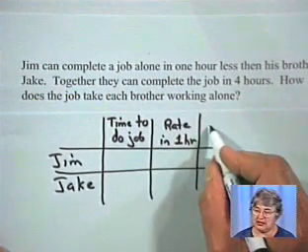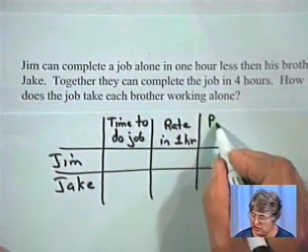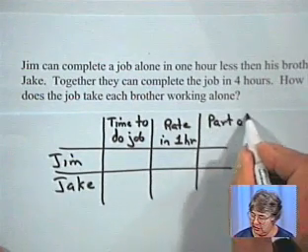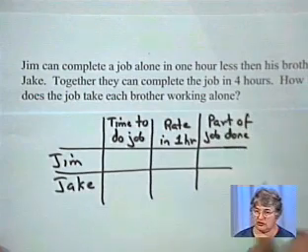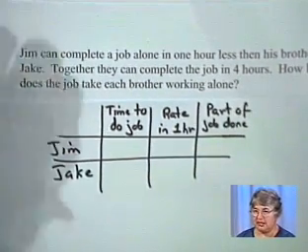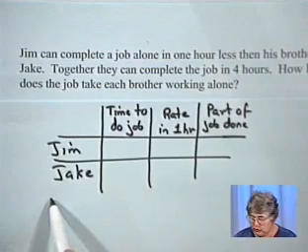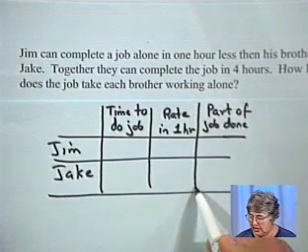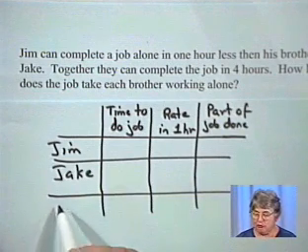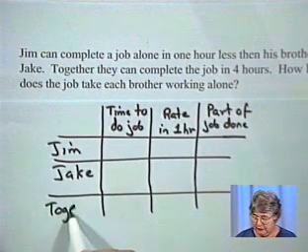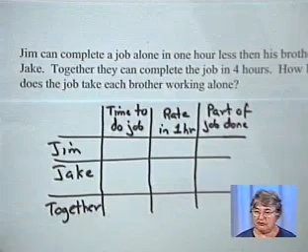The last column is going to be the part of the job which is done, in so many hours, and we'll talk about that in a few minutes. So Jim, Jake, and a situation where they are both working together. Okay, so let's now write the information here.